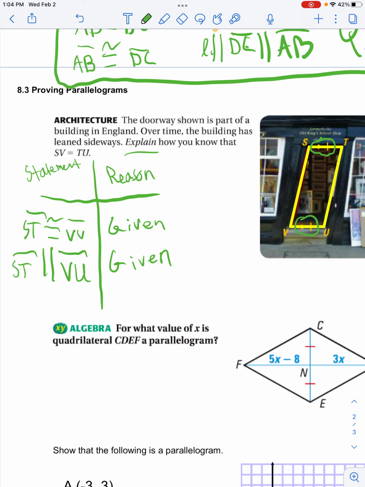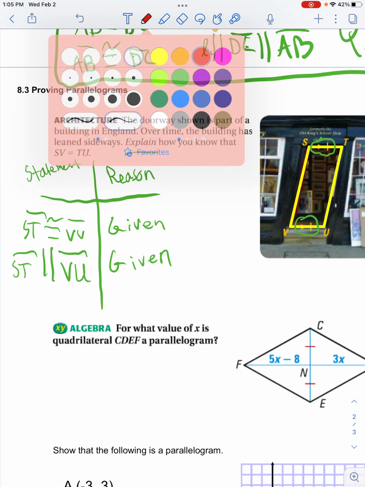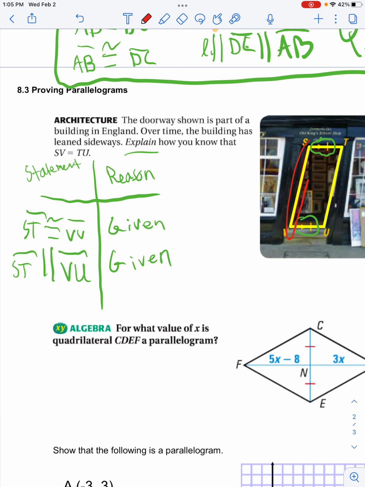We just proved that. So, and properties of parallelograms tell us that SV, all opposite sides are going to equal each other. So I don't know if we wanted to say SV is equal to TU by the definition of a parallelogram.